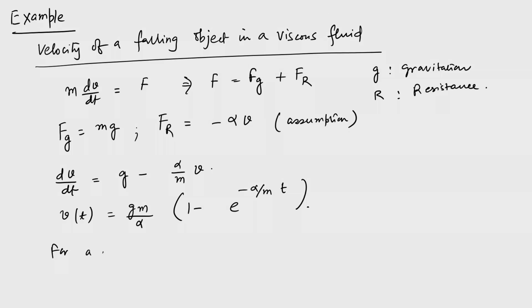So, for given g, m, alpha, one can make a table.